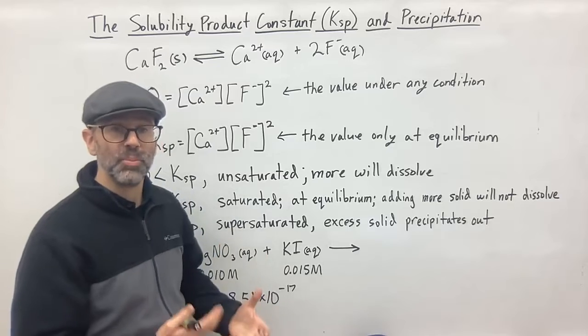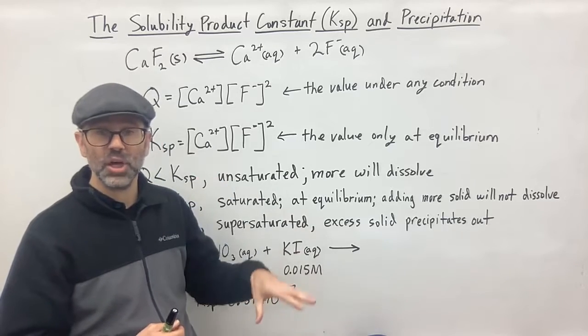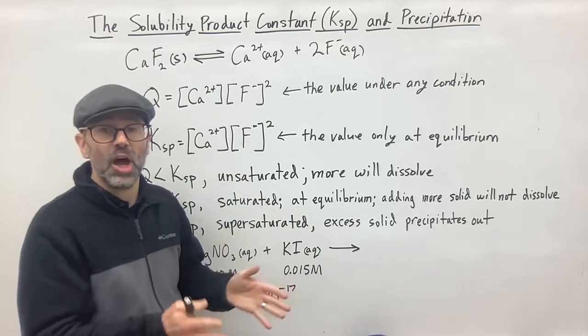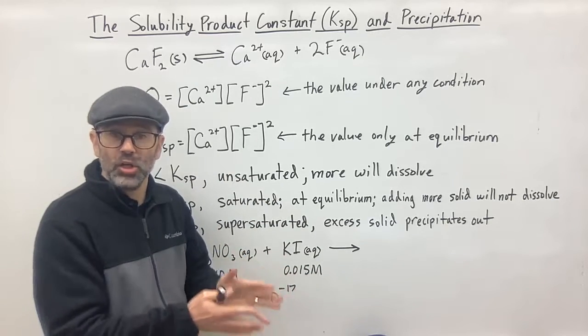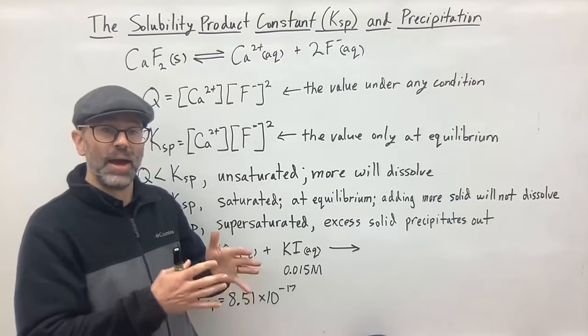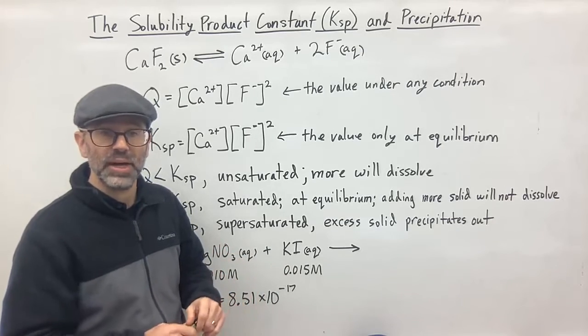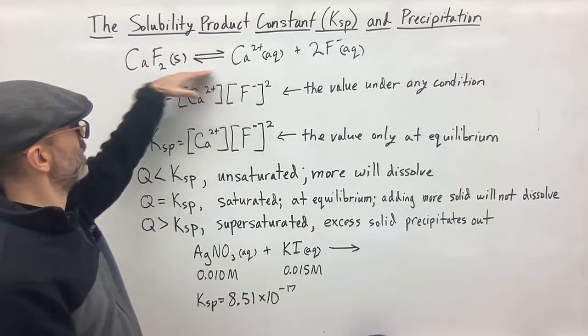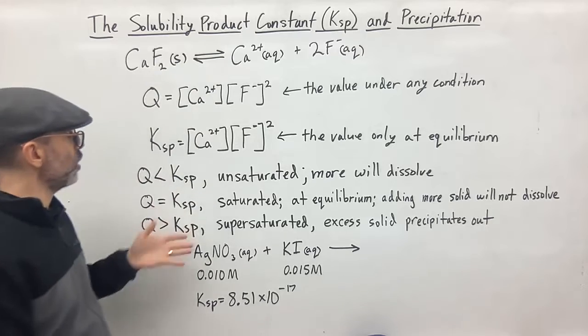No. At some point, it's going to be saturated to the point where you can't dissolve any more salt in your water because it's reached its limit. It's now at an equilibrium. So here we're looking at the equilibrium.